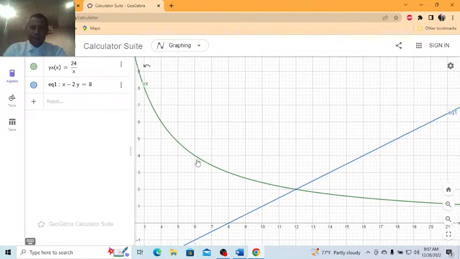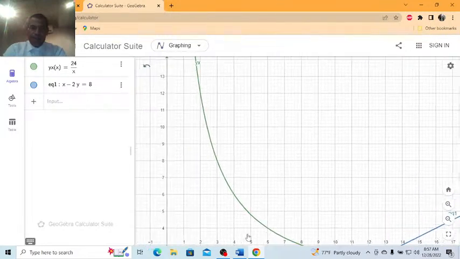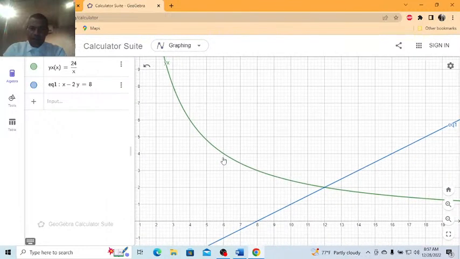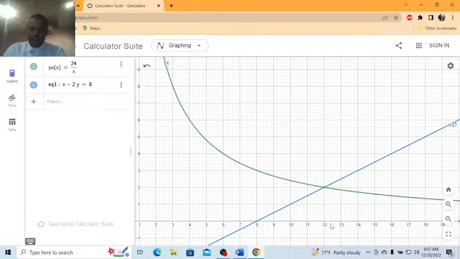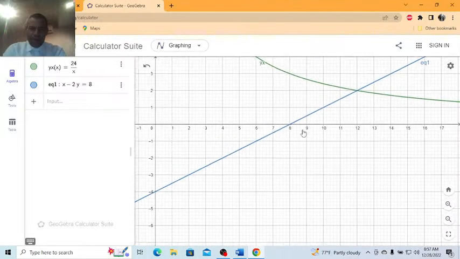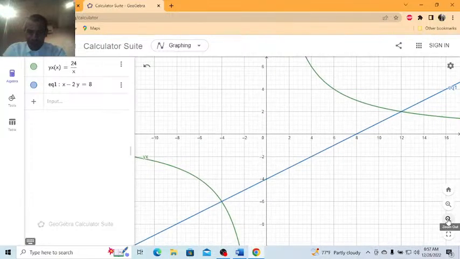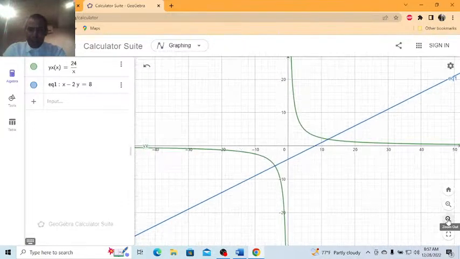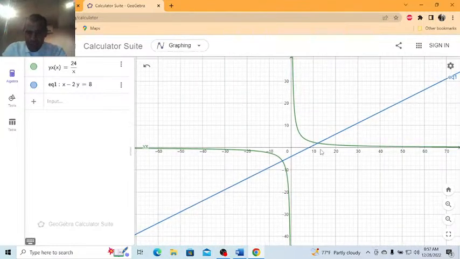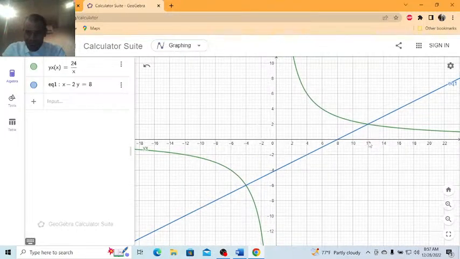This is the hyperbola. We have when x equal 12, y is 2.